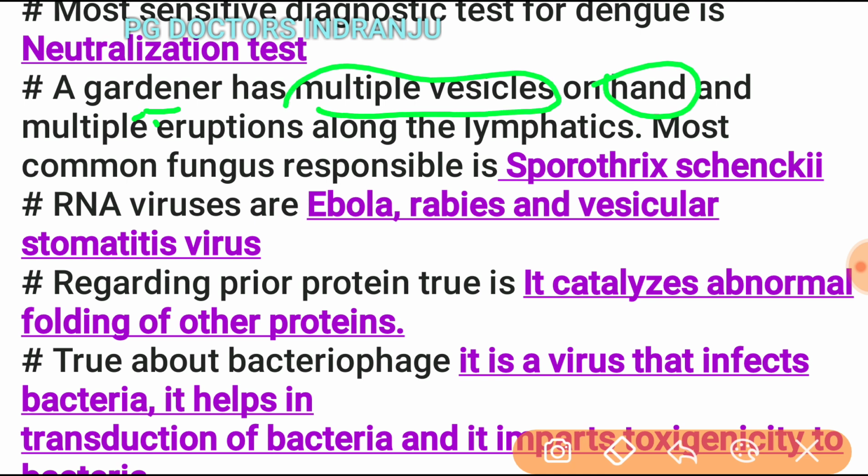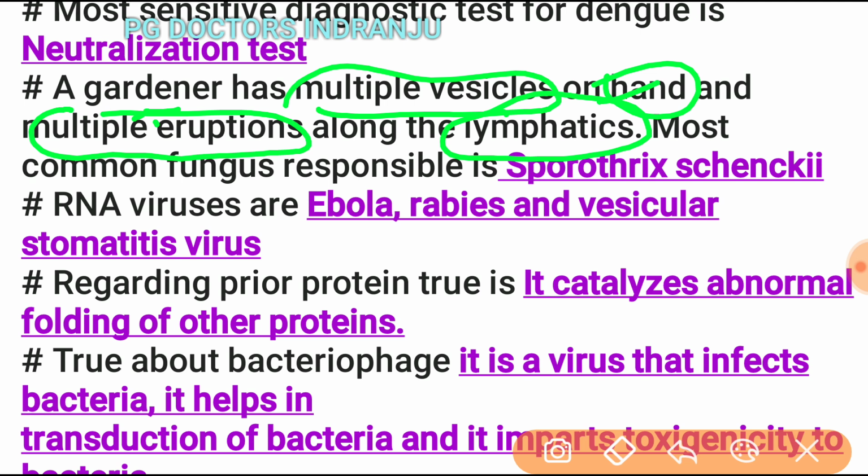Hand and lymphatic involvement are features of Sporothrix schenckii. If foot is given instead, then that belongs to mycetoma, Madura mycosis.